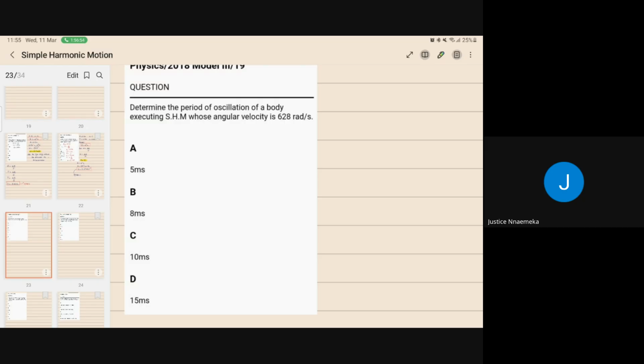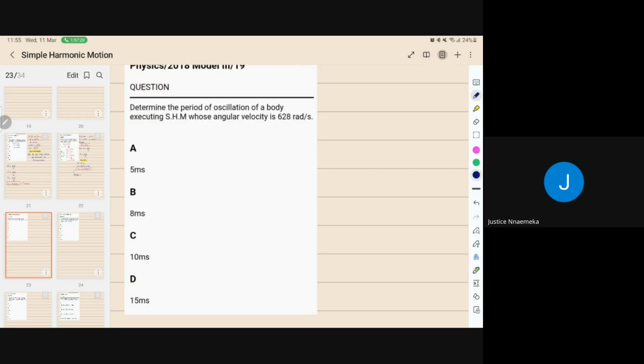All right, so let's go back again. Now they said I should determine the period. Okay, someone said C. Okay, is that Meso? Let's see what happens right here.